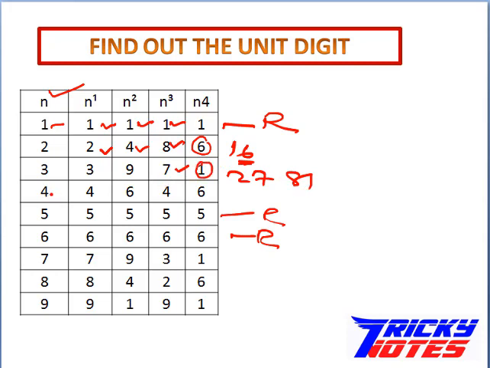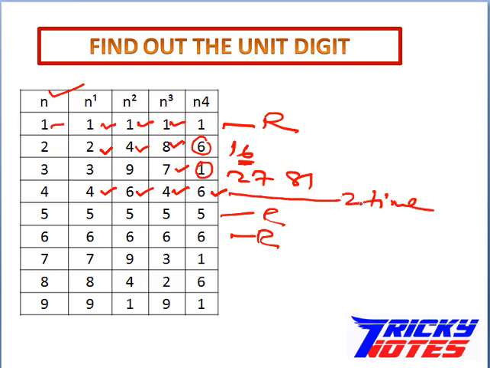Likewise, 4 to the power 1 is 4, 4 to the power 2 is 16, but the unit digit is 6. Then again we will have 4, then again we will have 6. See, it repeats after every 2 times.